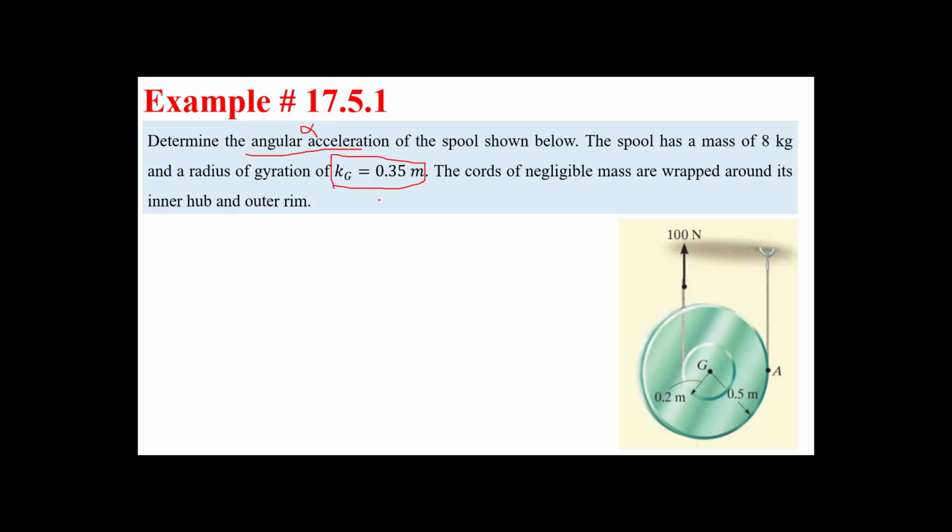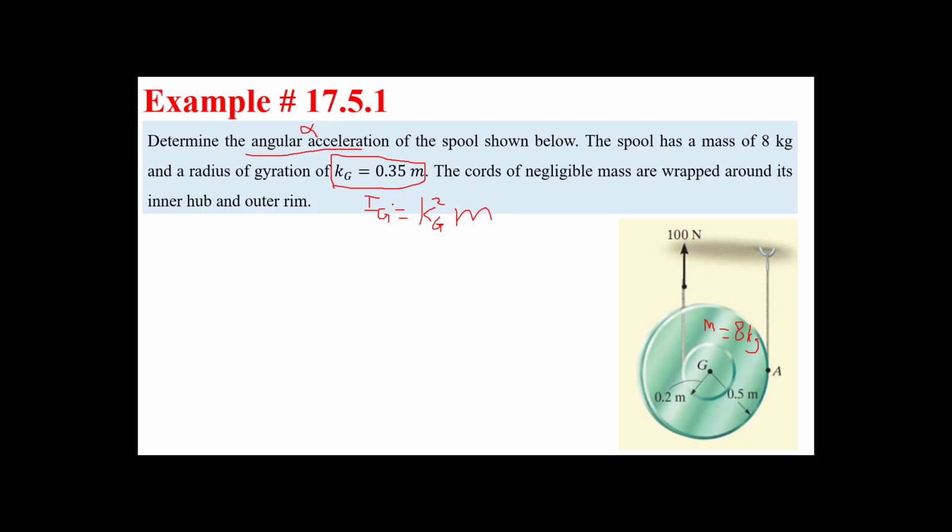What did we say about it? If the spool has a mass of 8 kilograms and a radius of gyration 0.35, then what is the mass moment of inertia of this body? It is the radius of gyration squared multiplied by m.